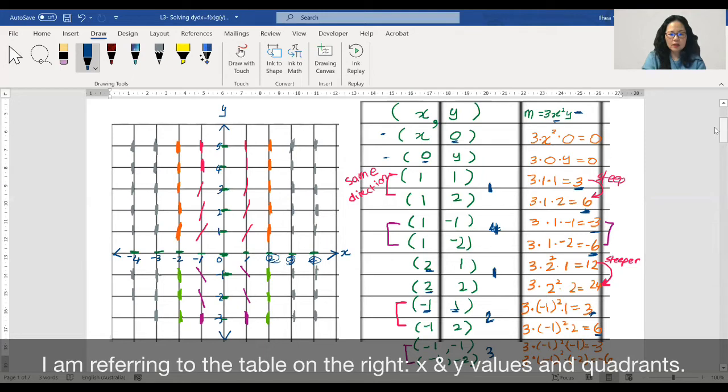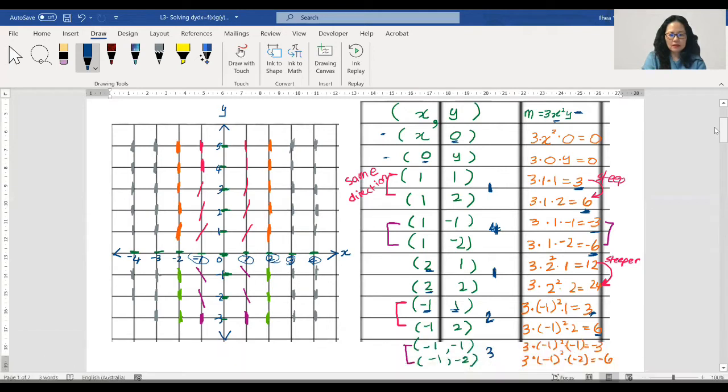When x equals minus 1, it's the same as x equals 1: same direction and same steepness. Now, for minus 2, I didn't do it here, but it'll be the same as well. So that's the orange part here.